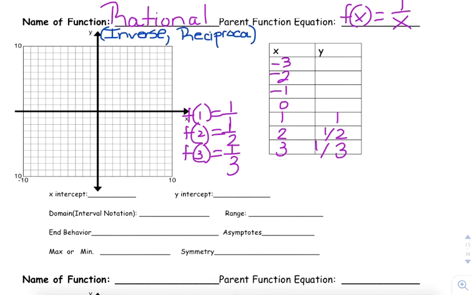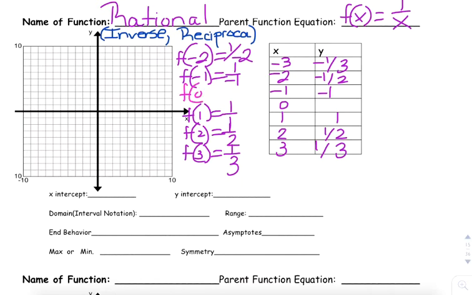Let's back up. I'm going to come back to 0. F of -1 is 1 over -1, and I think you get the point. But let's do one more. F of -2 is 1 over -2. So -1/2, -1/3, and so on. Let's think about what happens at 0.